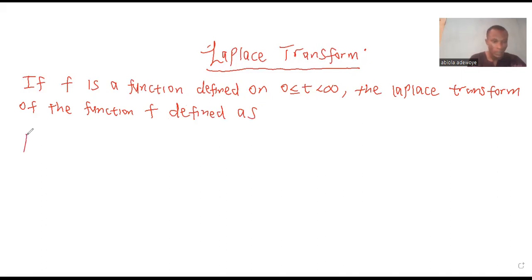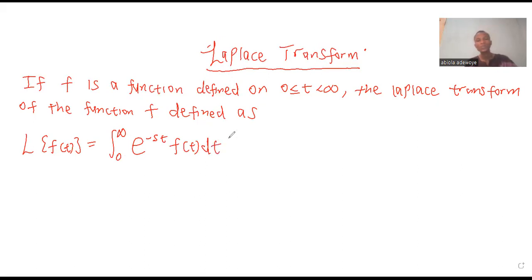The Laplace transform of a function of t is defined to be the integral from 0 to infinity of exponential minus st times a function of t dt.